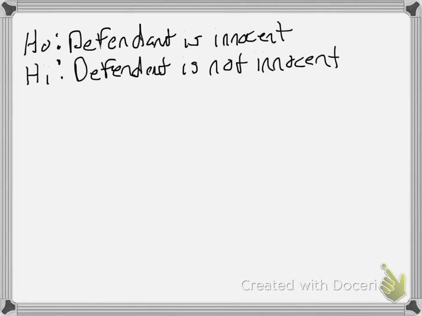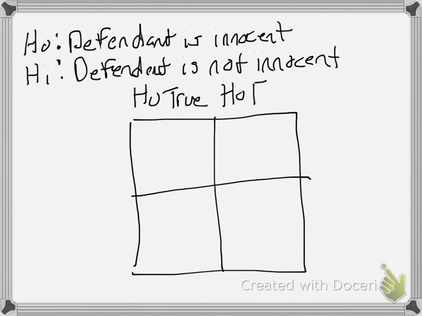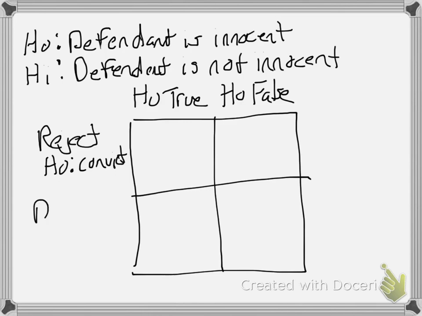I'm going to do a little box here and put all the possibilities: H0 true, H0 false, reject H0, convict, and then do not reject, and that would be to acquit.